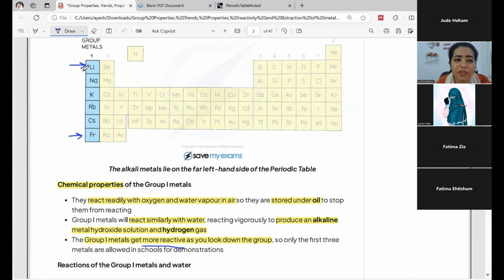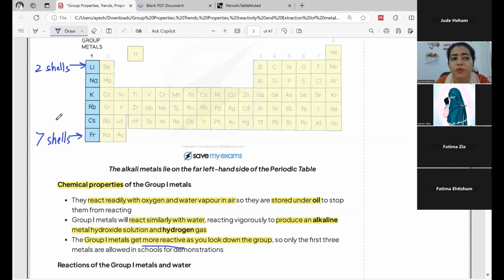Basically, what is the period number of lithium? It is in period 2, right? Period 2 means it has 2 shells, and the second shell has just 1 electron which needs to be lost. If you move down, 3, 4, 5, 6, 7, francium has 7 shells. So the 1 electron we have to remove for lithium comes from the second shell, and for francium it comes from the 7th shell.